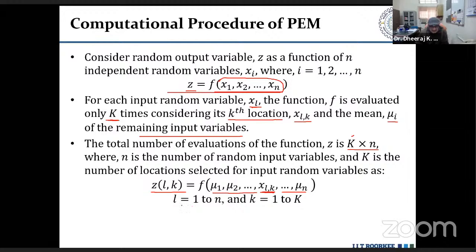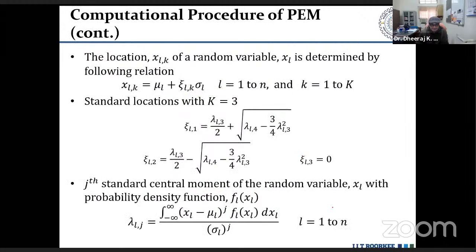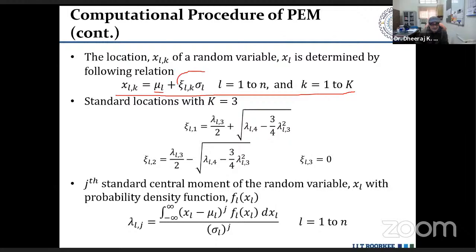And here L will vary from 1 to n and K will vary from 1 to capital K. And by these relations, we can determine the standard location at which we have to compute the value of function. That is the mu plus these terms. These are also called as standard locations.